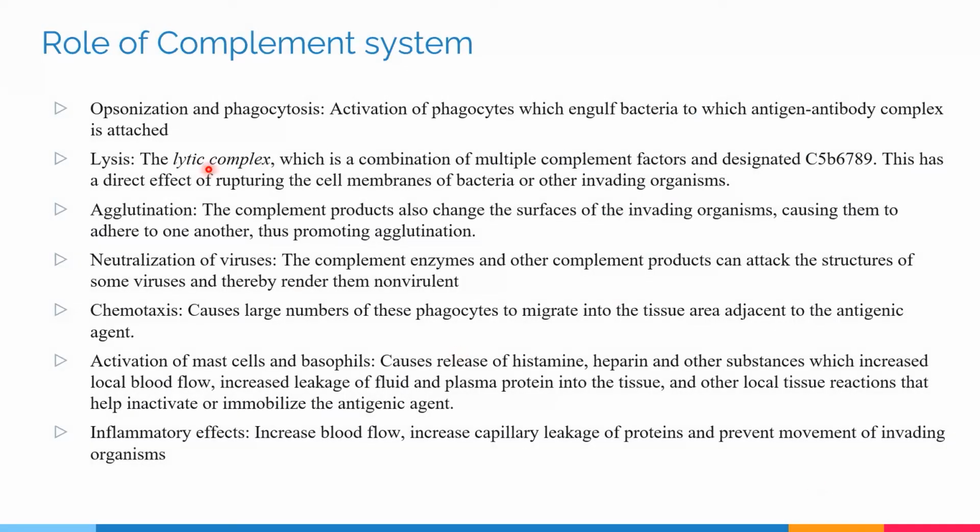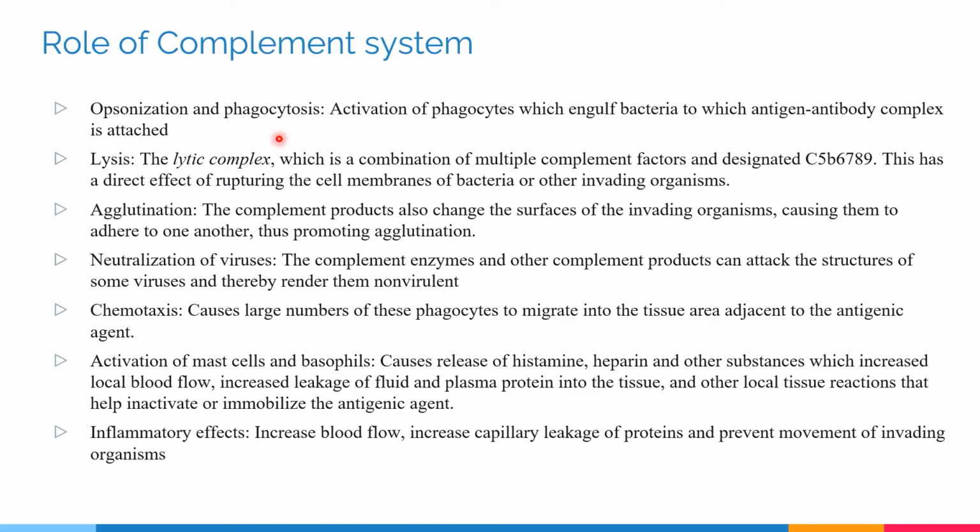The major first role of the complement system is opsonization and phagocytosis. So what is opsonization? Opsonization is the process by which a particular object is made more attractive to phagocytes such as neutrophils and macrophages by the complement system.